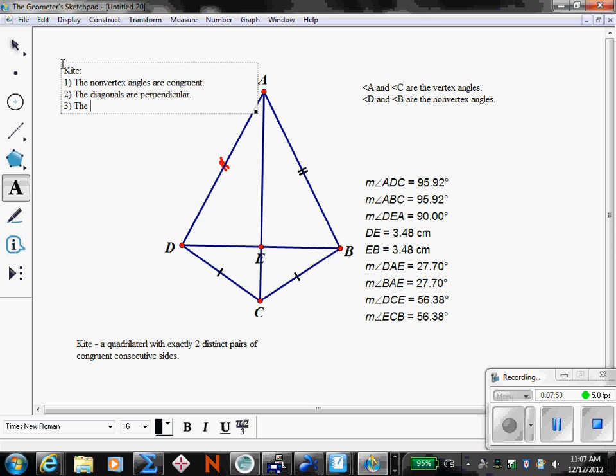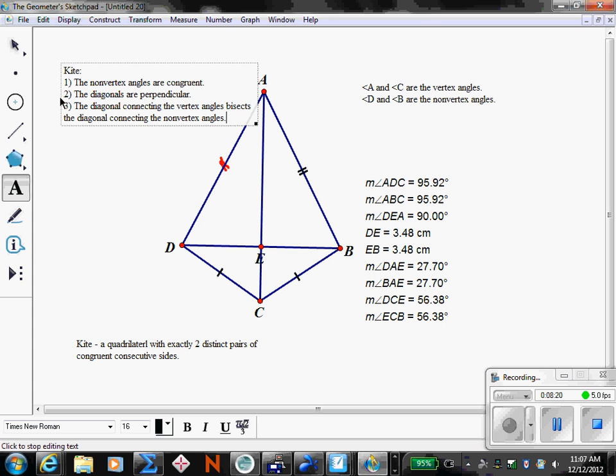The diagonal connecting the vertex angles bisects the diagonal connecting the non-vertex angles.